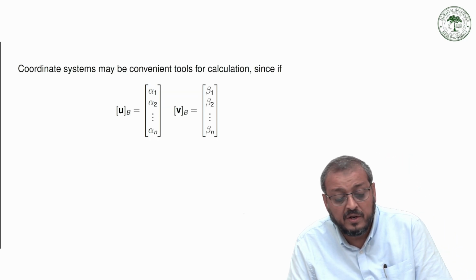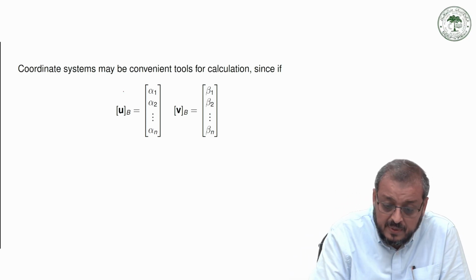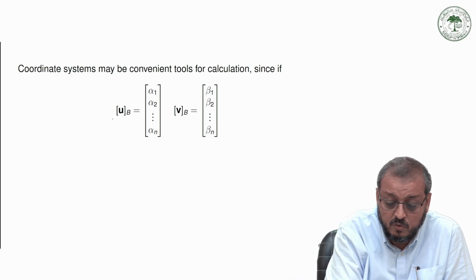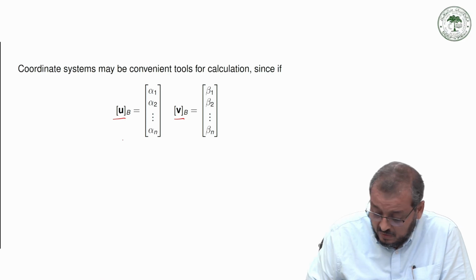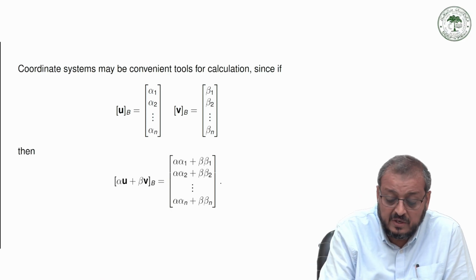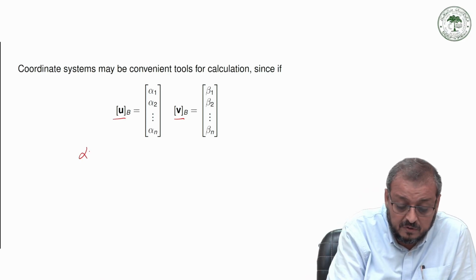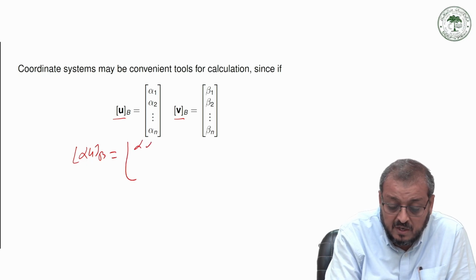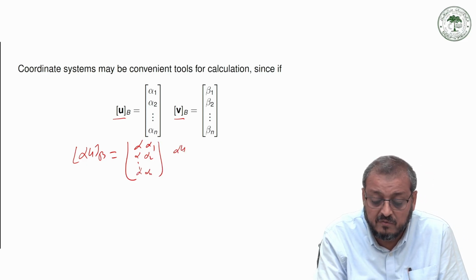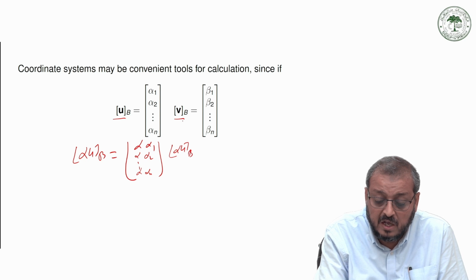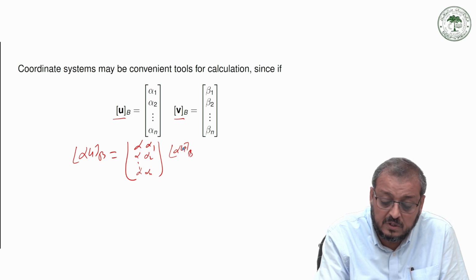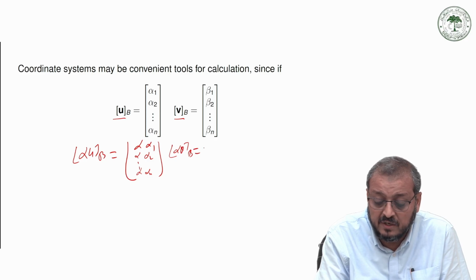Now, coordinate systems may be convenient tools for calculation. If u and v are there, then we have to calculate the sum. We can just take alpha of u corresponding to the basis B, which is nothing but alpha alpha 1, alpha alpha 2, and so on, alpha alpha n. And if we calculate the coordinate vector of v corresponding to the same basis B, we can write it in this form.